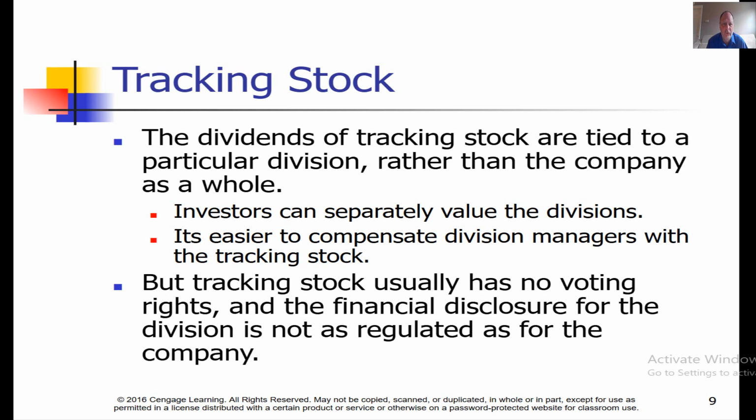An example of tracking stock in the past was when Barnes & Noble created a small tracking component for their online division to sort of make it look like it was competing with something like Amazon. But tracking stock usually has no voting rights, and the financial disclosures for the division are not as regulated as for the company.